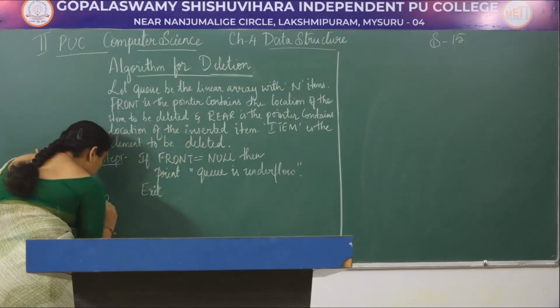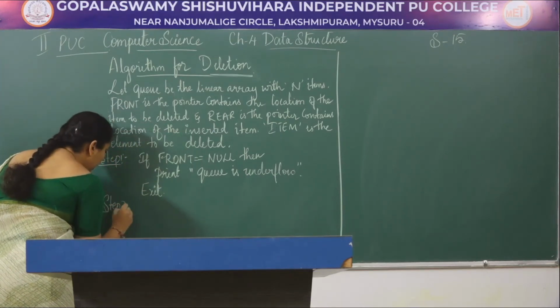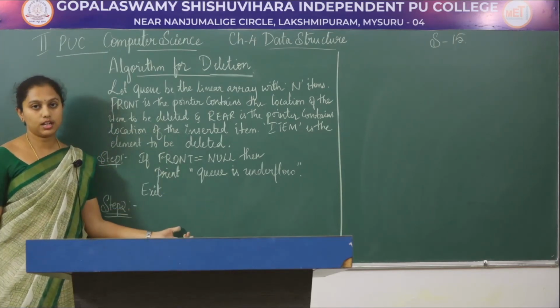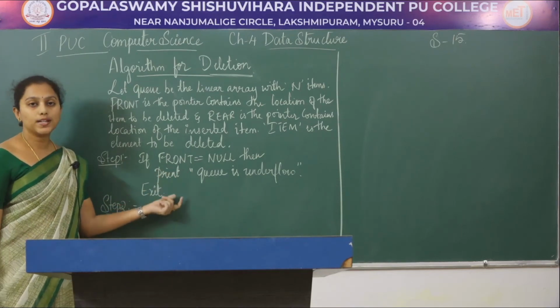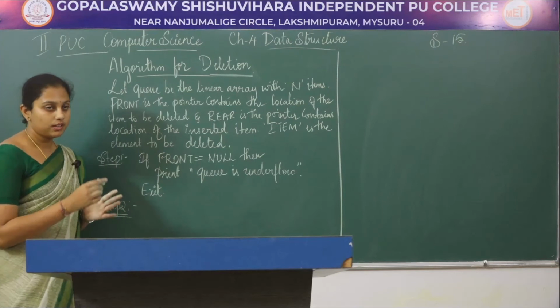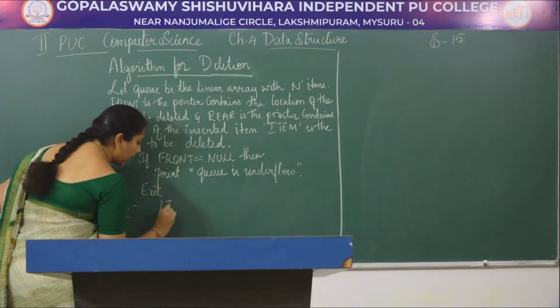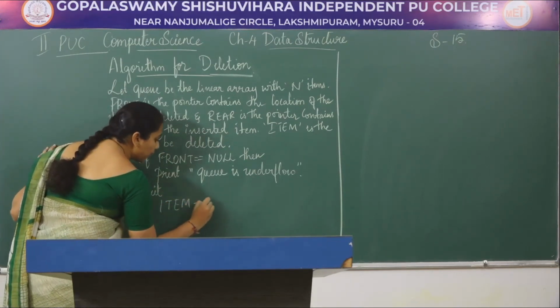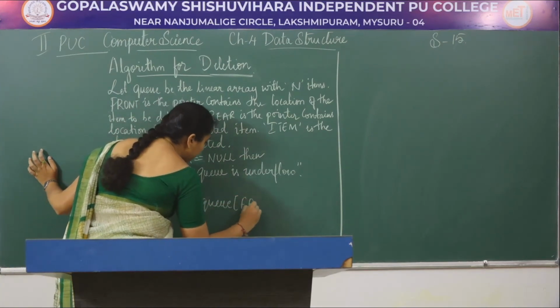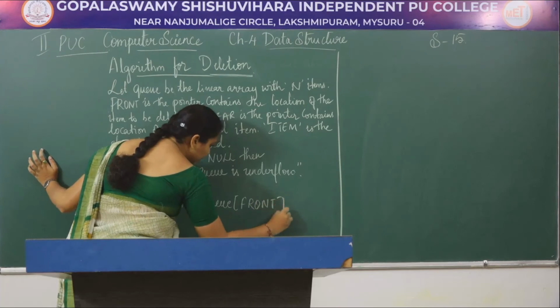So in the next step, we are checking for the condition. So if the queue is not empty, we can delete an item from the queue. That is, we are deleting an item from the front of the queue. We are deleting an item from the front end of the queue.